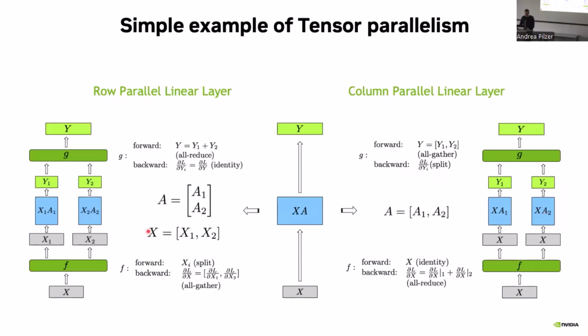Either you split both your input and your weights, or you just split your weights and give the same inputs to both. Typically, you use the one on the right, because here you don't have to do much, you just replicate the data.